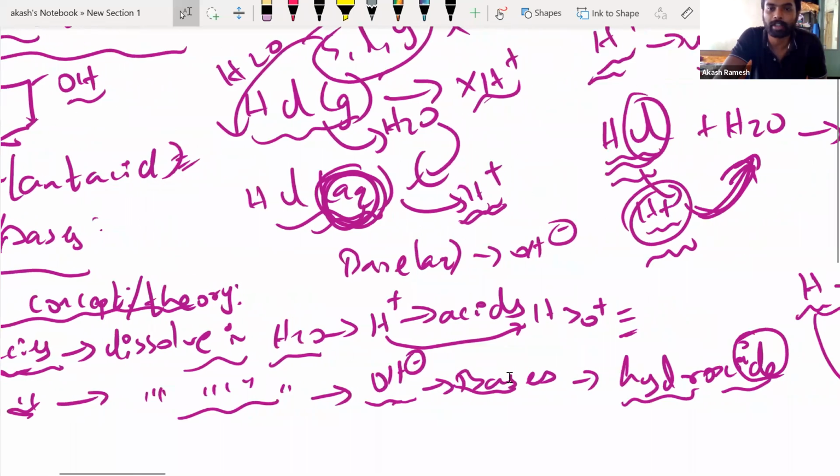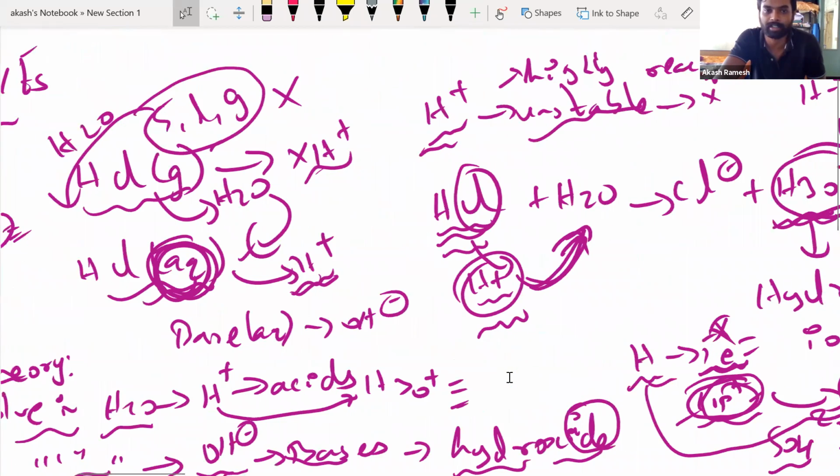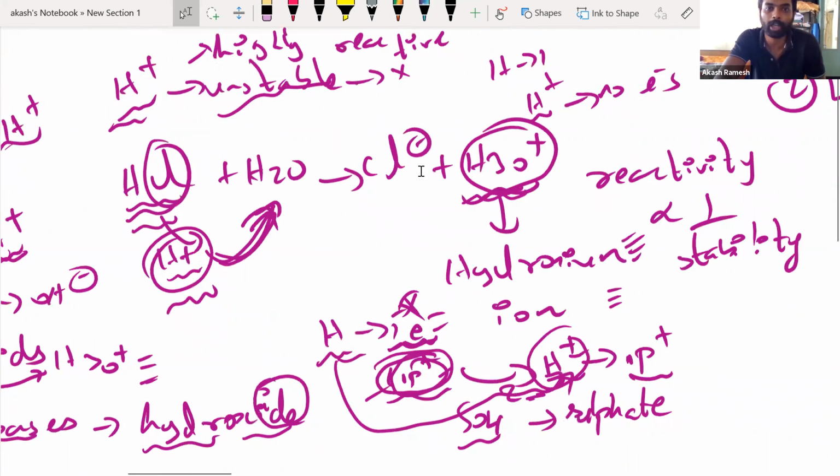Now we moved on to other concepts, even though it is not required for you, but just for the knowledge. I told you how this H3O plus ion is formed. HCl is an acid if it is dissolved in water.